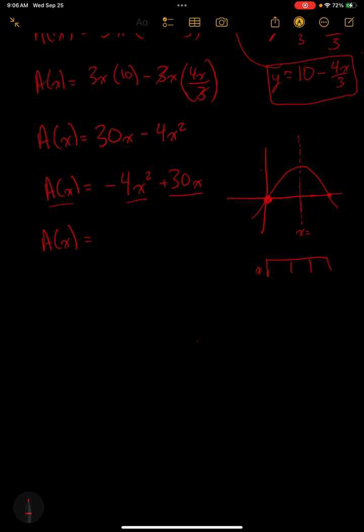So let's take out minus 4x. What do we end up getting?